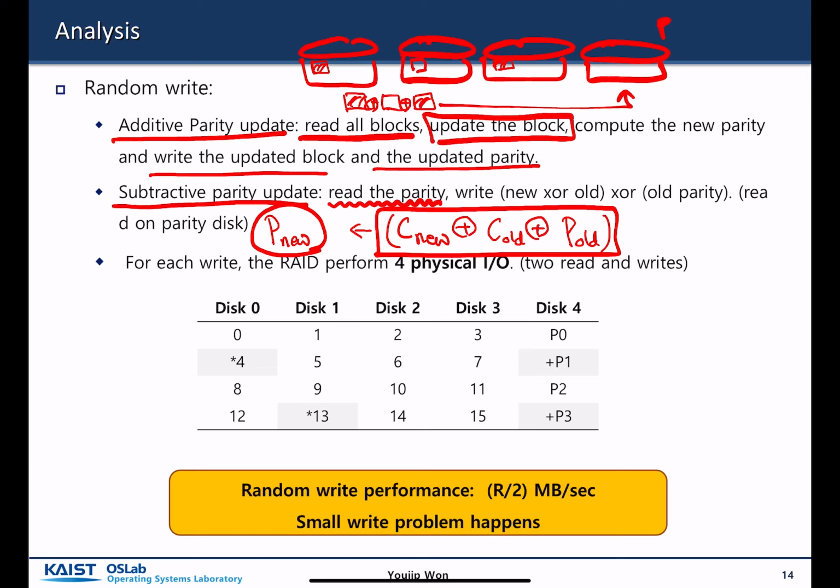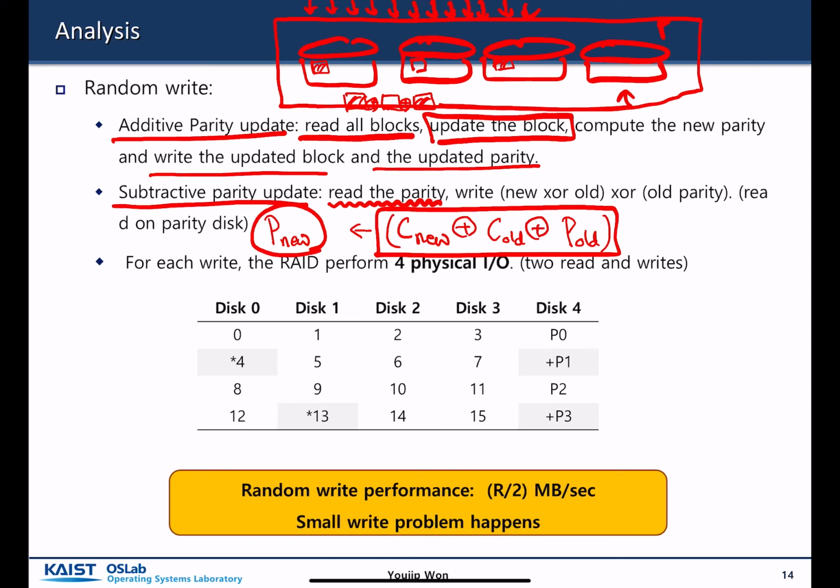Okay. So for every random write, you have to read the parity and you have to write the parity. Let's consider this entire disk subsystem, and lots of random writes come at the same time.